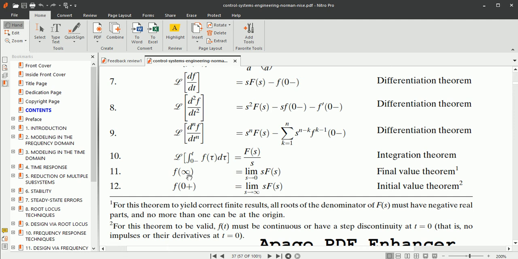For example, you want to determine the steady state value, you put t equal to infinity. So in the frequency domain, you have s into F of s, limit s approaches 0. That is the formula. We will use this in the steady state error calculation in chapter 7, when we calculate the steady state errors for a system like type 0, type 1, type 2 system.